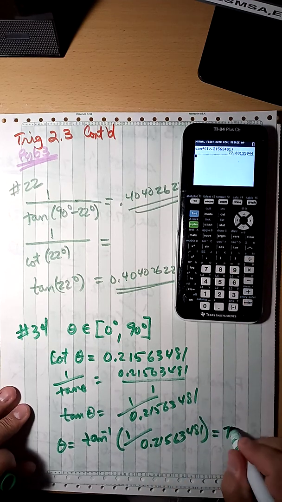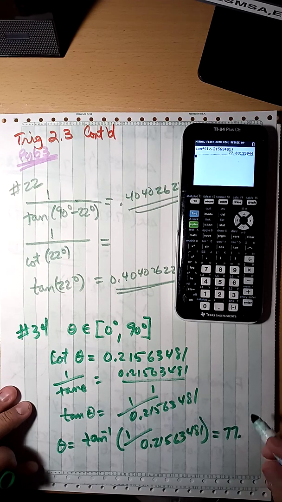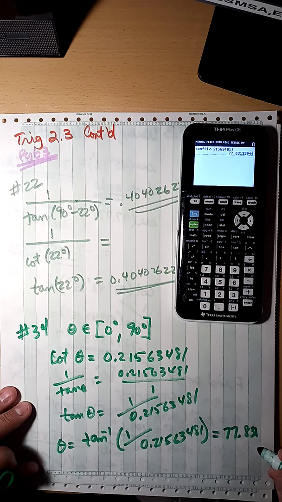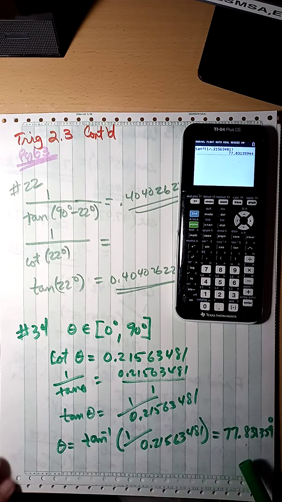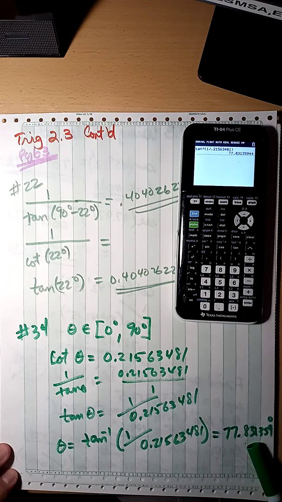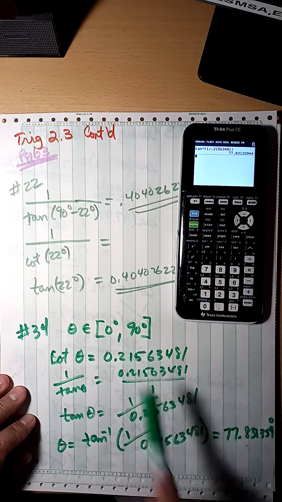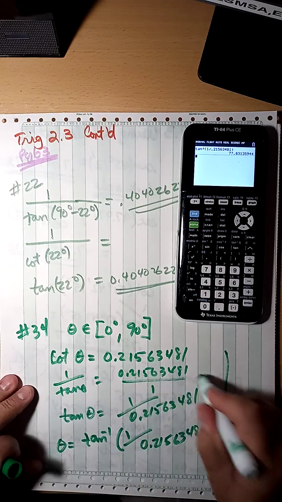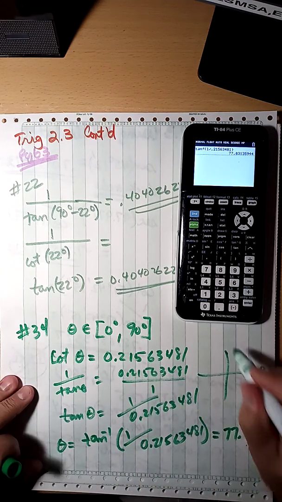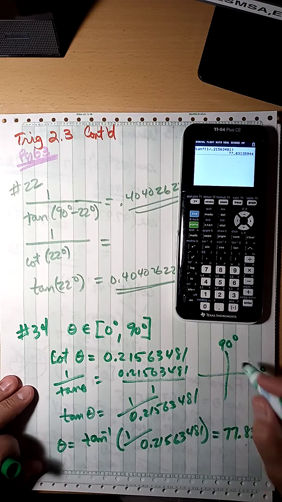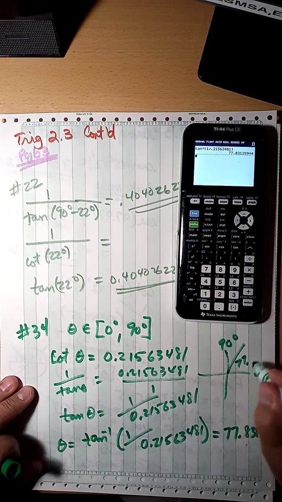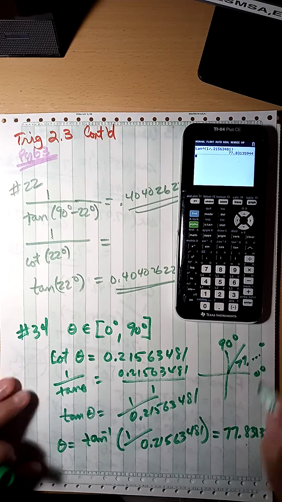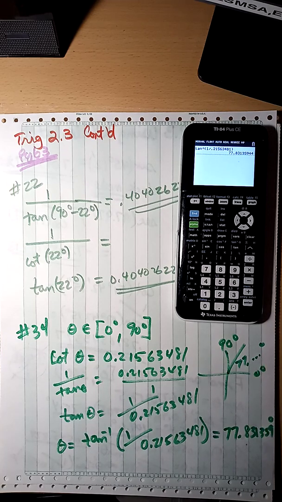We get 77.831359 degrees. Hold it. Is that in the right place? From 0 to 90, that should work. We just wanted the first quadrant, and 77 is someplace here. Okay.